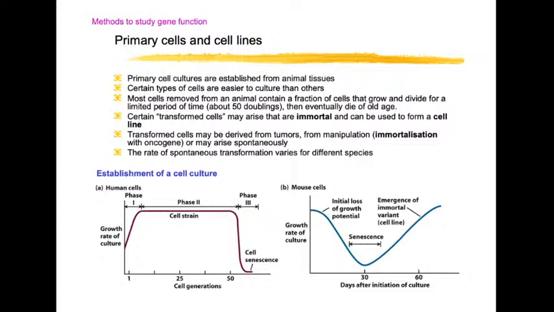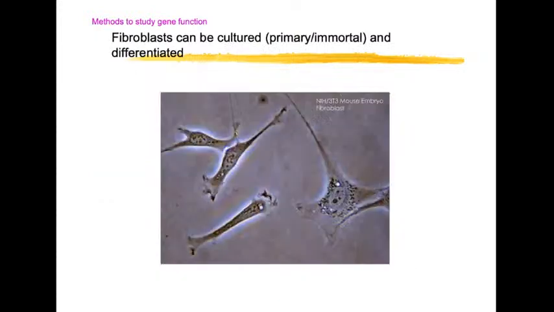With the human cell strain, first it is linear, then it stagnates, then further it starts to give cell senescence. Whereas in the mouse cells, the culture initially has a loss of growth potential, but after some time of senescence, about 30 days, an immortal variant cell line emerges. That is the major difference between a human cell line and a mouse cell line.